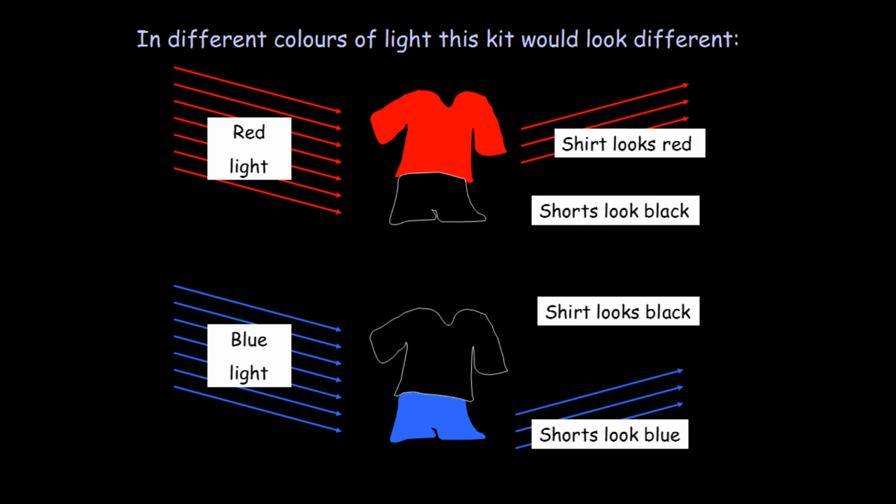If there is red light emission, only red light is there, and reflecting red light is the property of this top. So the top will be visible in red, while the shorts will look black because there will be no reflection.